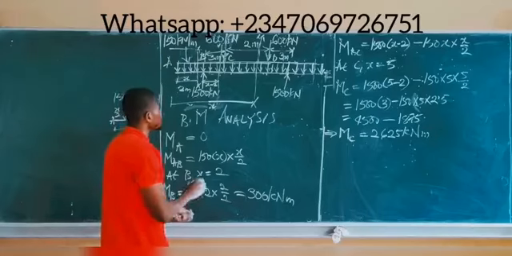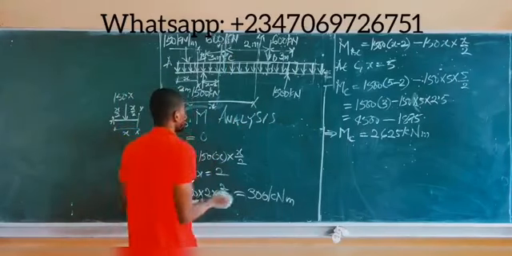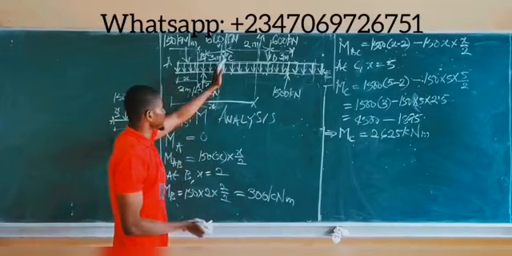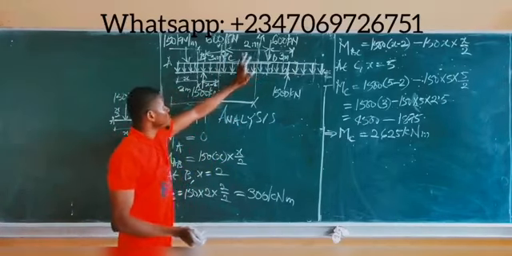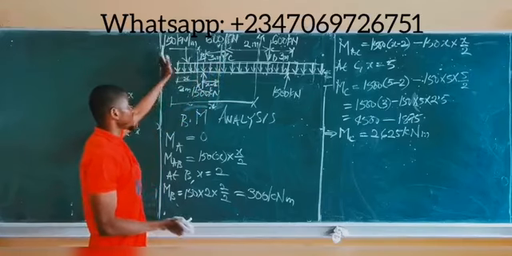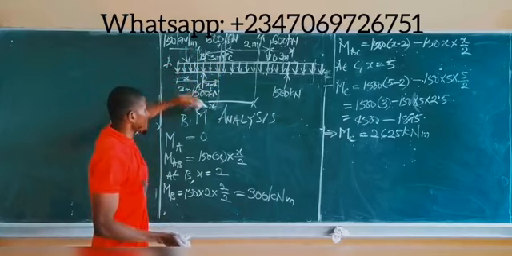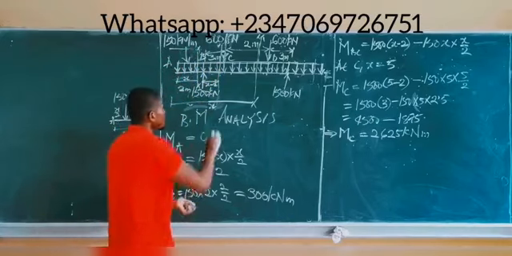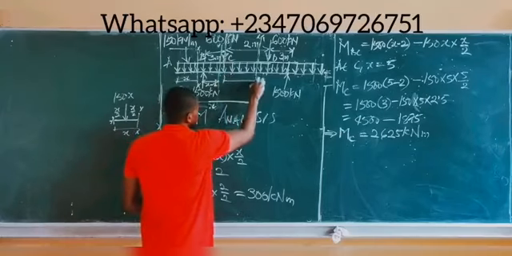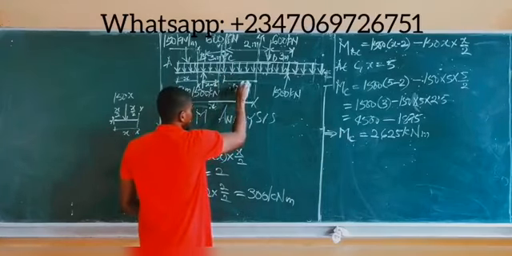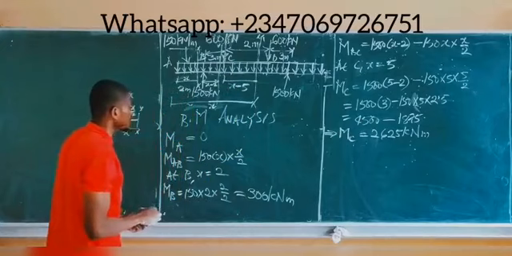For the 600 kilonewton load, we are interested in the distance from point C to the point of section, so we don't leave behind 3 plus 2, which is 5. Take away 5 from x, and that gives x minus 5.